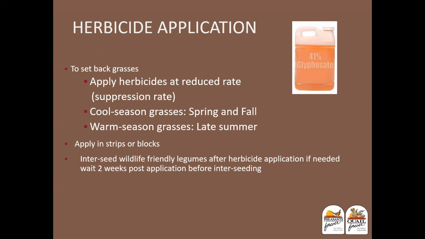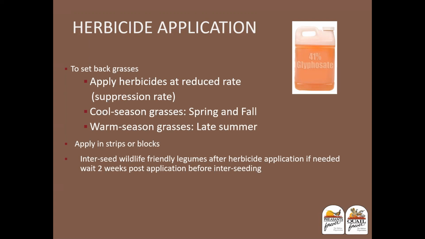If you're targeting your warm season grasses, you want to go a little more late summer, after the 70 degrees and once the warm season grasses start germinating. Or if you're not wanting to kill off any of your early spring forbs or summer forbs, definitely look at a grass selective herbicide, and those will target only the grasses.